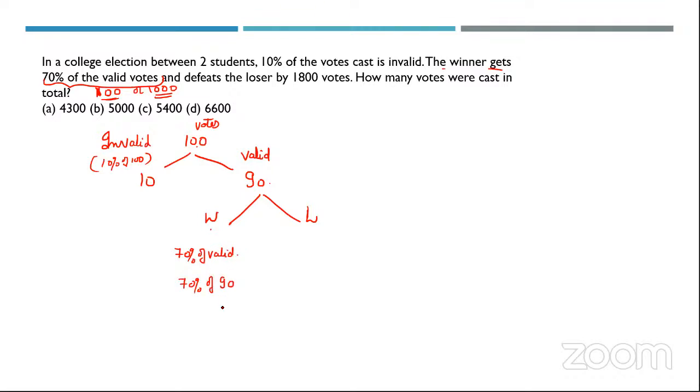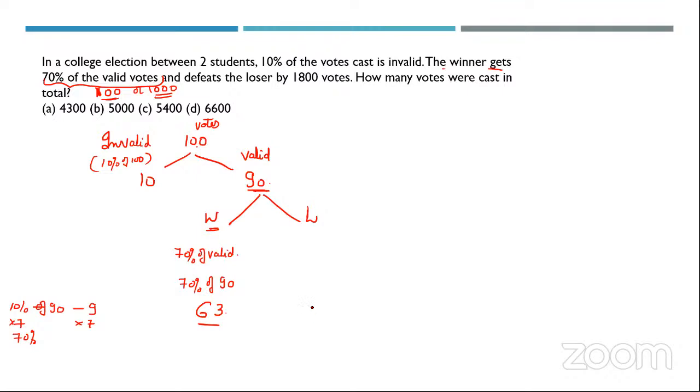So 70% of 90. What is 70% of 90? 10% of 90 is 9. So 70% of 90 is 9 multiplied by 7. So 9 into 7, 63. So out of 90, 63 votes winner got.